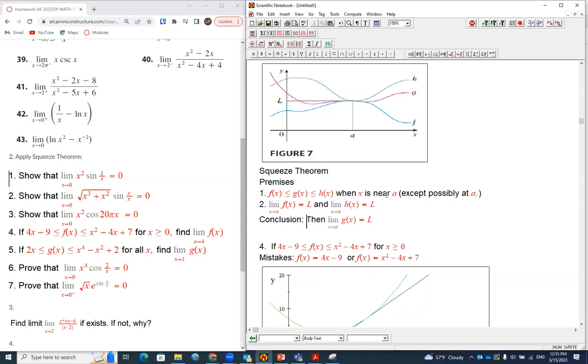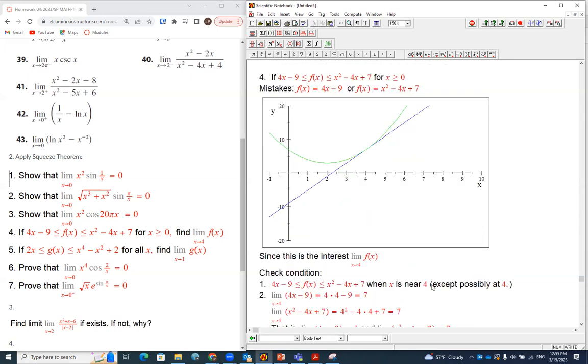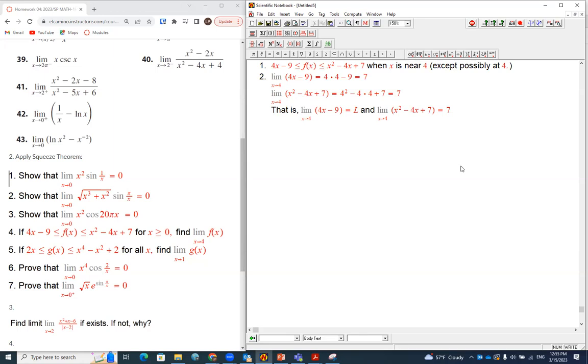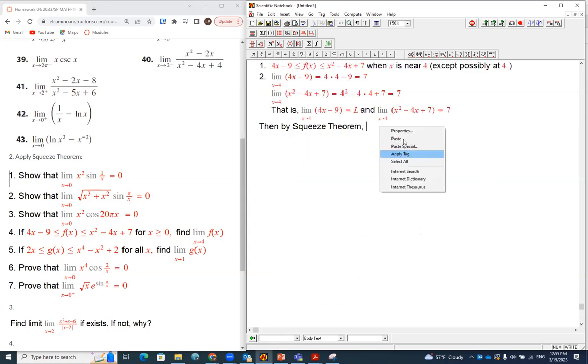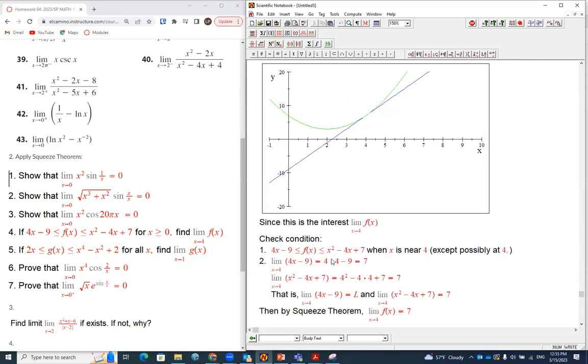So 2 conditions, 1 conclusion. And that conclusion, of course, is often in the statement followed by then, if then, okay? So then what do you say? Then you say, by Squeeze theorem, the limit of our interest, this limit, even though we don't know what f is, equals to 7. This is the whole of how to apply a theorem.